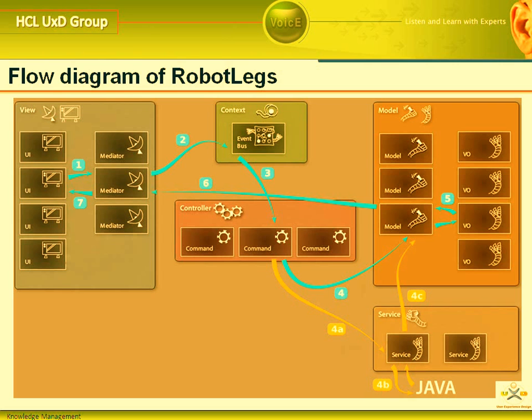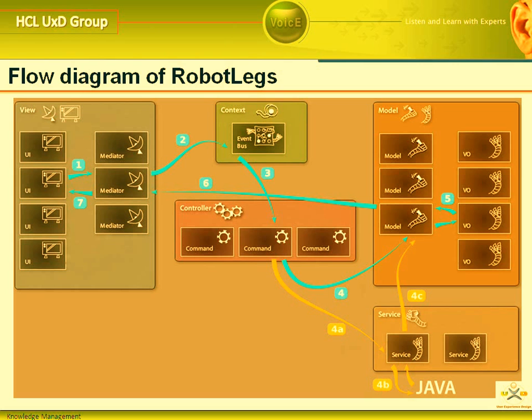And if you come to the diagram, the complete flow diagram of the RobotLegs framework. Now step 1, it represents the user interface which is designed by a user.